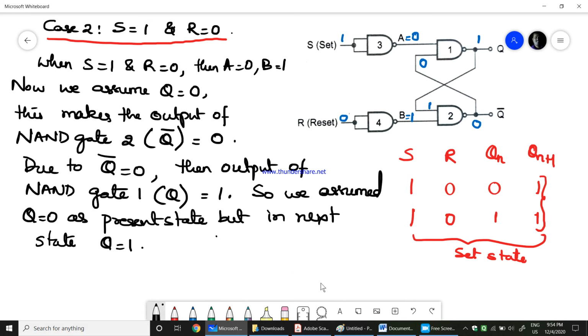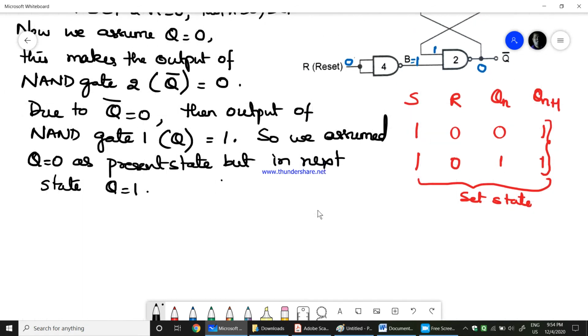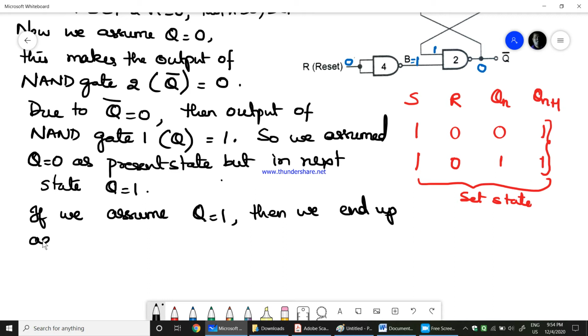Similarly, if we assume Q equals 1, then we end up again with Q forced to 1.